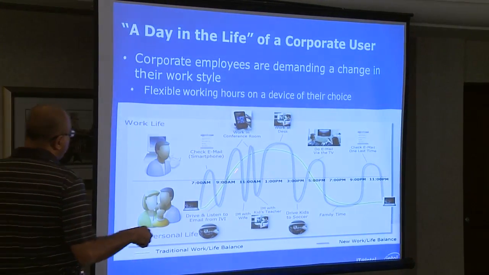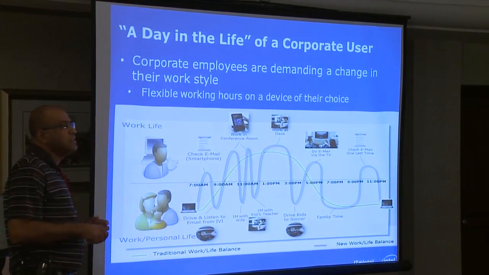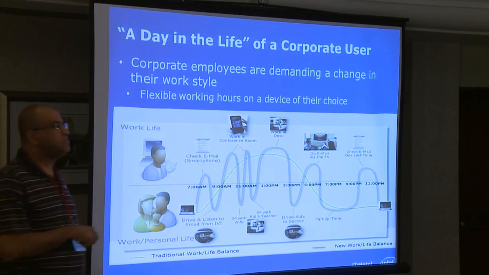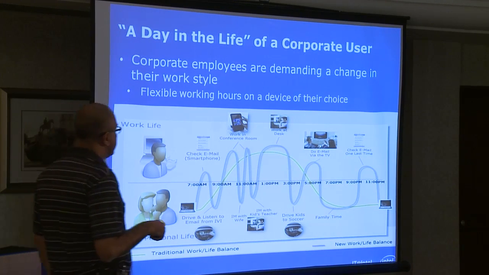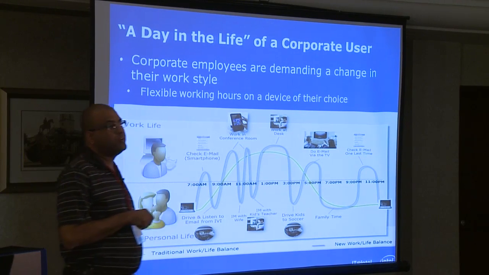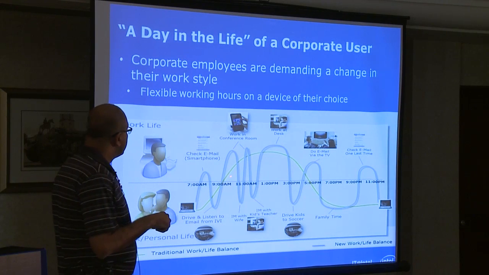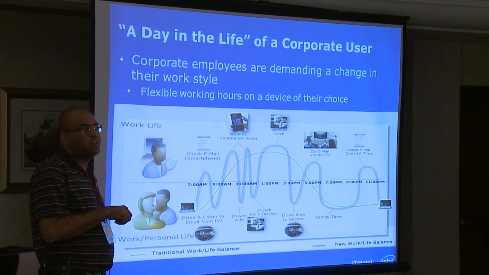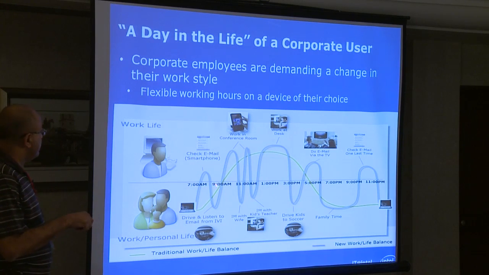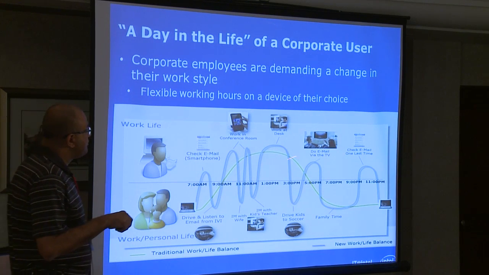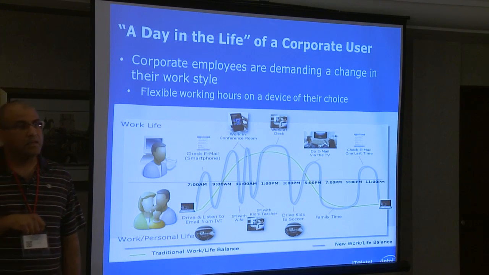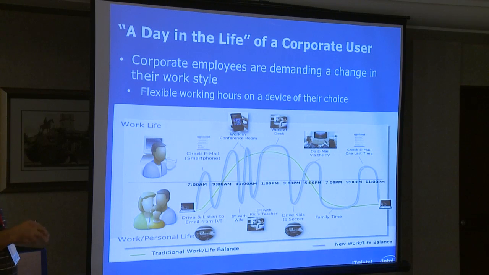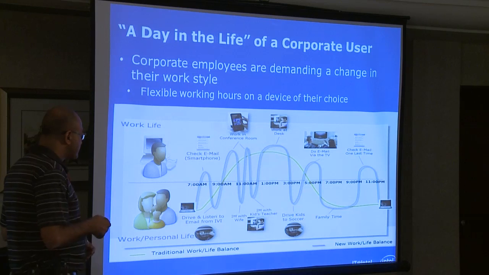The yellow line is the traditional day in the life of a user, which depicts the work-life balance. Maybe in the morning the user does some email at home on his laptop. He goes into work, 8 or 9 depending on the country, I think here it's 9, and does most of his work in the office. Then he goes home and maybe continues to do some more work. So that's the traditional work-life balance: office, home, taking his laptop or PC with him and doing some more work.